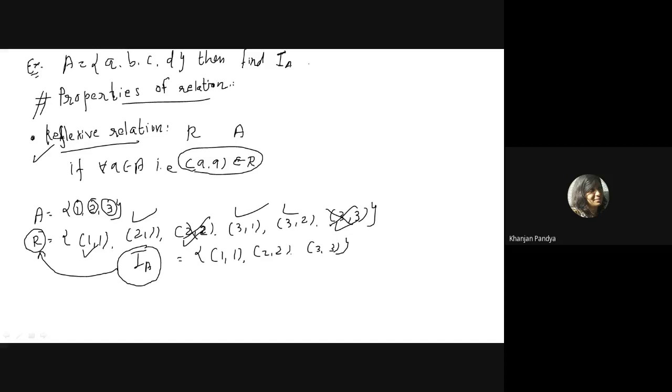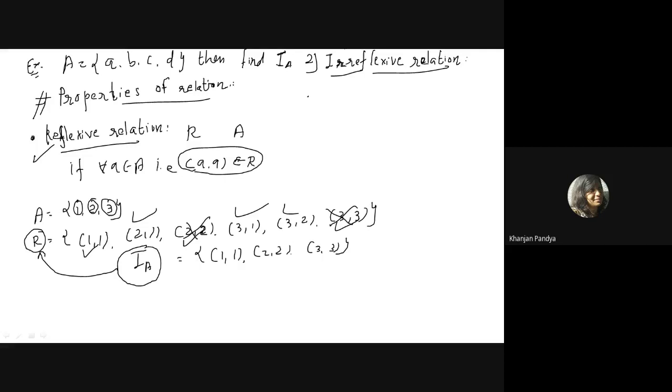Okay. So next is irreflexive relation. What are the types of relation that we call irreflexive?